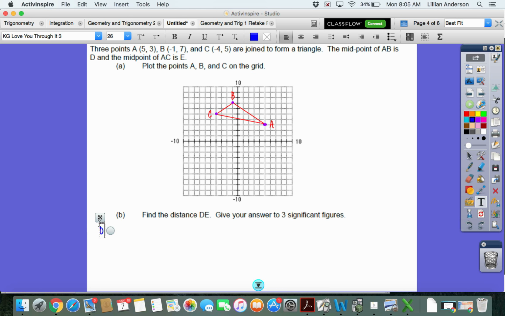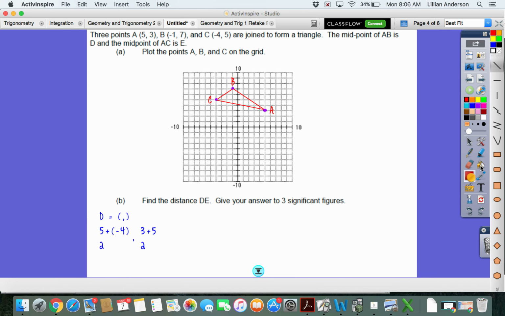So to find D, which is the midpoint of A, B, okay, we're going to have to do the midpoint formula. Now, the formula says x1 plus x2 divided by 2, comma, y1 plus y2 divided by 2.